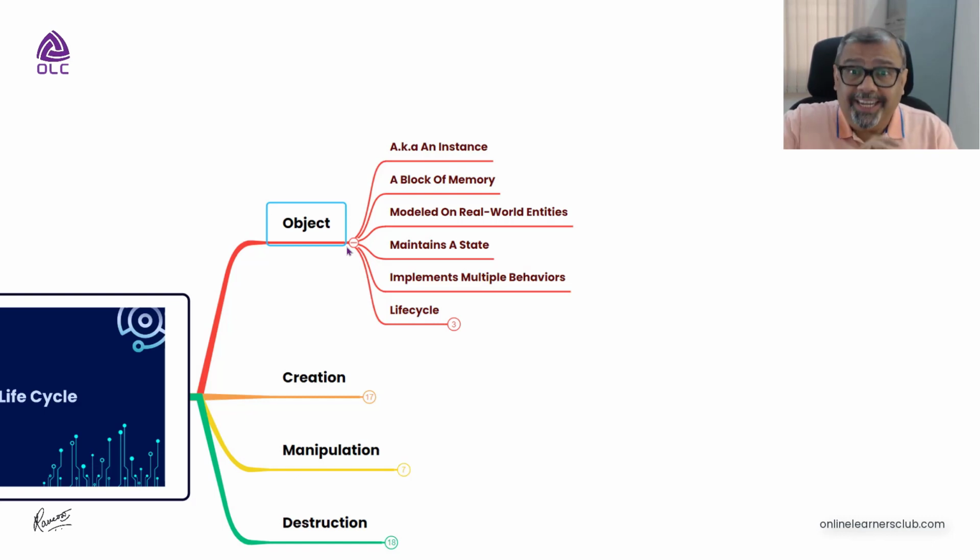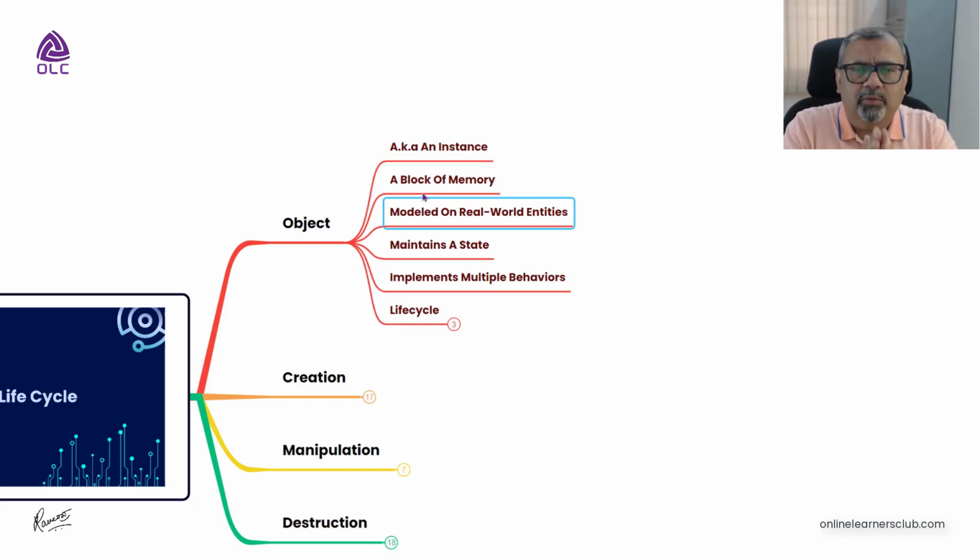To create that object, I need a block of memory. Java uses the memory in the operating system, known as heap memory, and it is always in the heap memory that the object is created in Java.